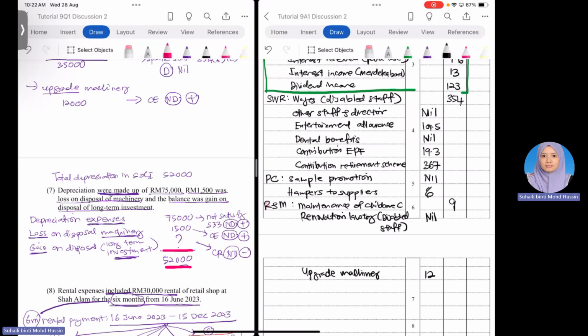From the 52,000 ringgit, the question says that 75,000 ringgit is the real depreciation amount. 1,500 ringgit comes from the loss on disposal of machinery, and the balance is the gain on disposal of the long-term investment. The question is, how much is this amount? Can someone calculate for me?